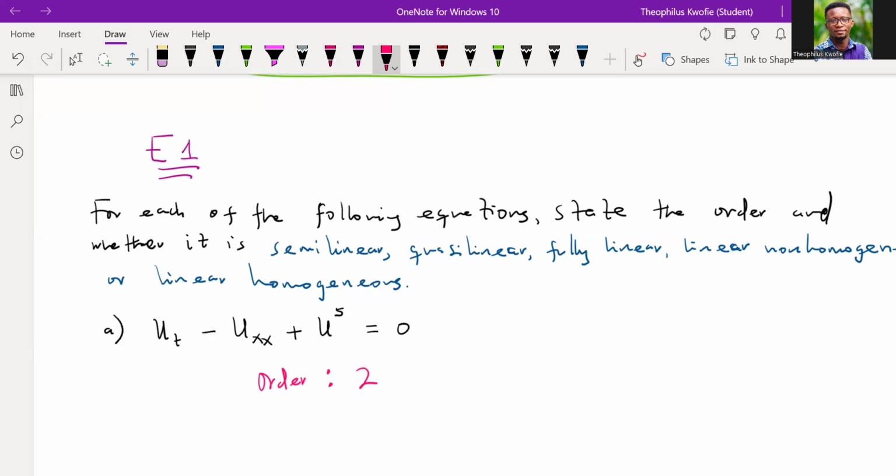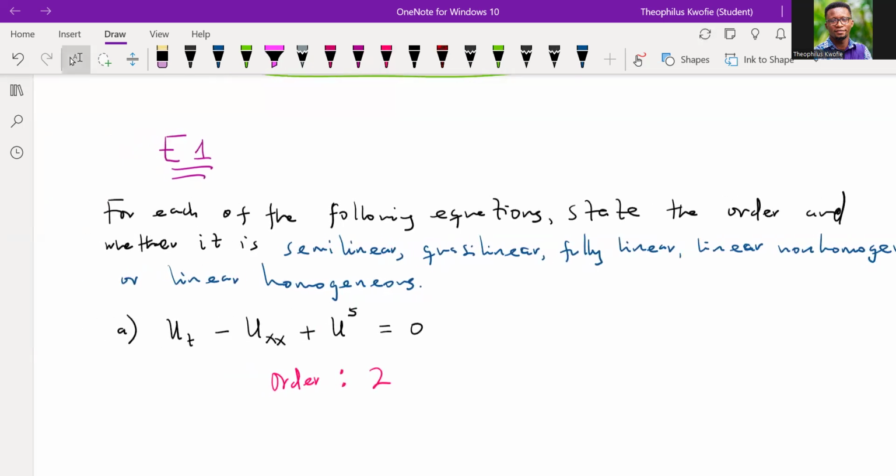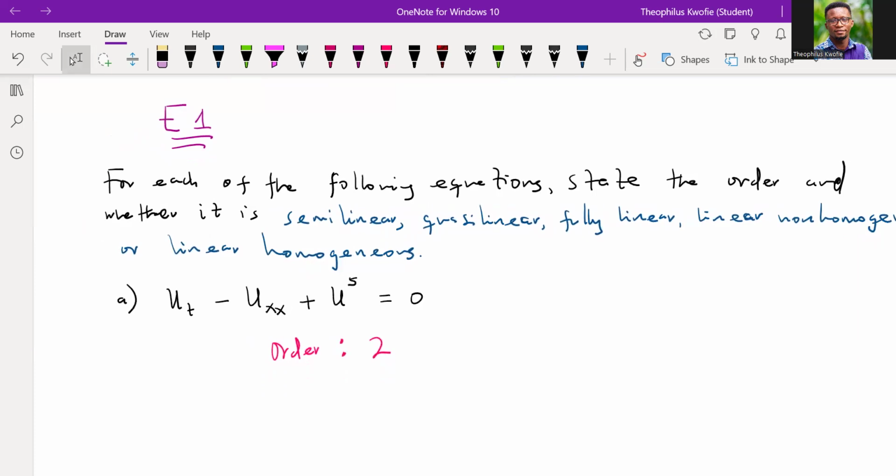And we want to determine whether it is semi-linear, quasi-linear, fully linear, linear non-homogeneous, or linear homogeneous. So what is the type? What can we say about this PDE?